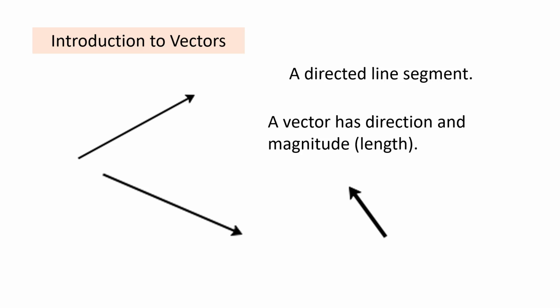So it has direction and it has length, which represents a magnitude. In other words, this vector right here might be a 50 Newton vector, meaning it's a 50 Newton force, which is about 10 pounds, directed in this direction, whereas this might be another 50 Newton force directed in this direction.